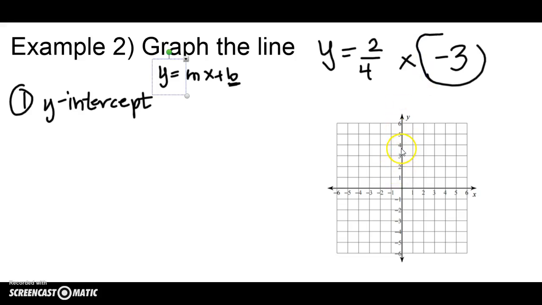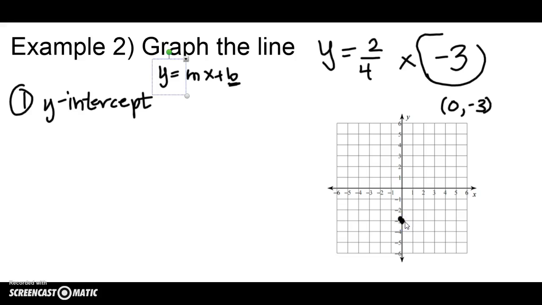Going back to our previous standard where we identified x and y-intercepts, we know that the y-intercept is a point on the y-axis. So we're going to go to the point 0, negative 3, and plot that point. So I'm going to go over 0 and down 3.